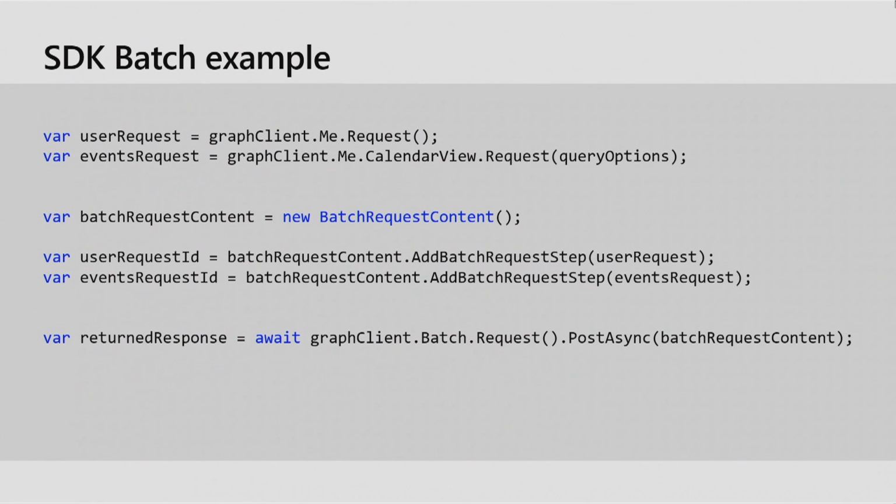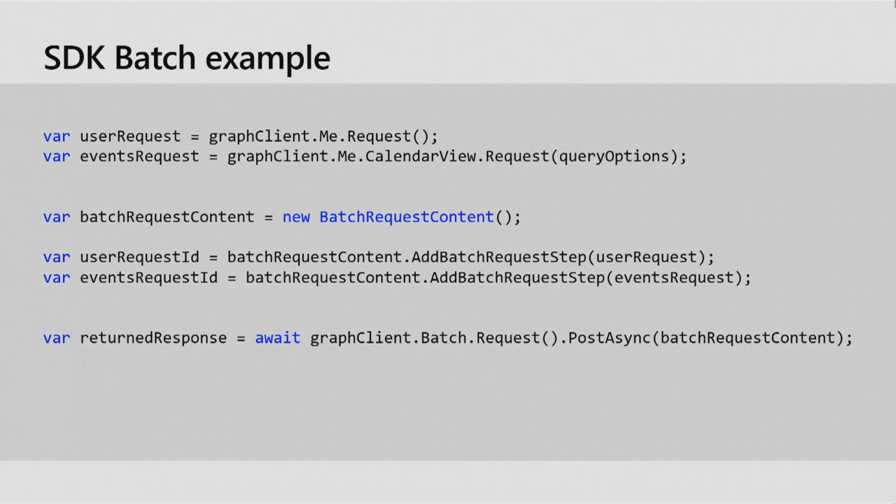In the batch request content object, you can just add those requests in, package them up, and send them over the wire as a single request. And this just requires a single round trip. When you get those responses back, we have some helper methods to help you get individual responses out, to be able to handle the results. So that makes life a lot easier when it comes to creating batches.